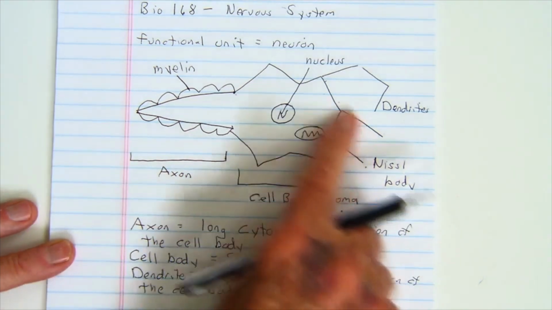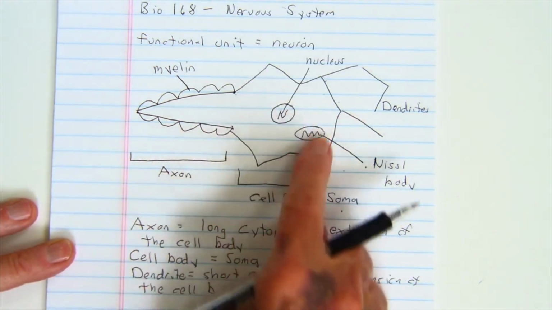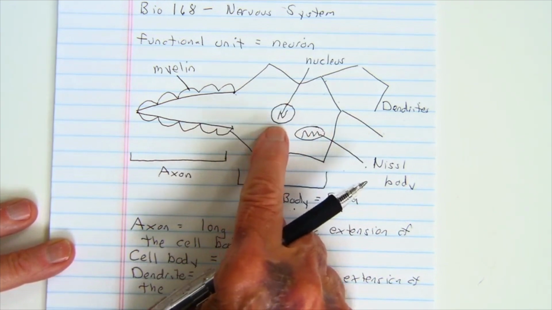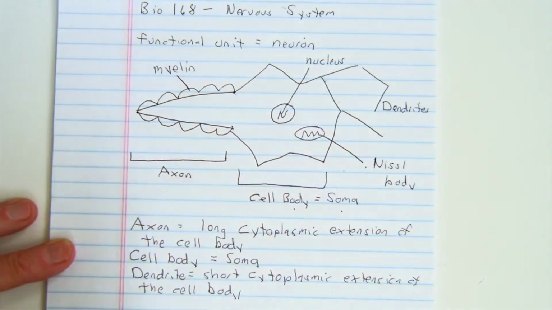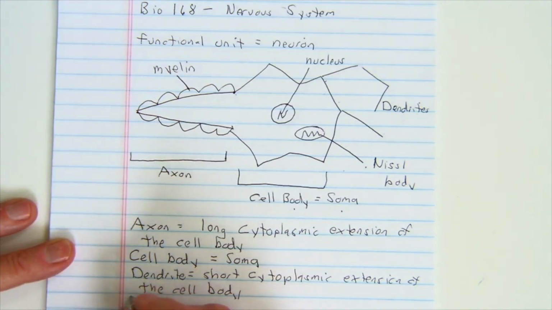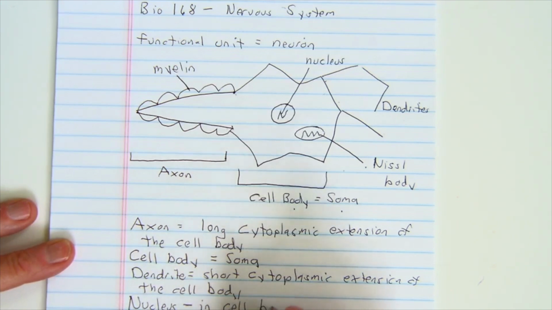And then as I look inside of this cell body, I've got an N written in the middle, and just like any other cell, it has to have an organelle that's going to control the cell. So therefore that nucleus is going to be contained in the cell body. Of course, that's going to be an organelle, which just means little organ.